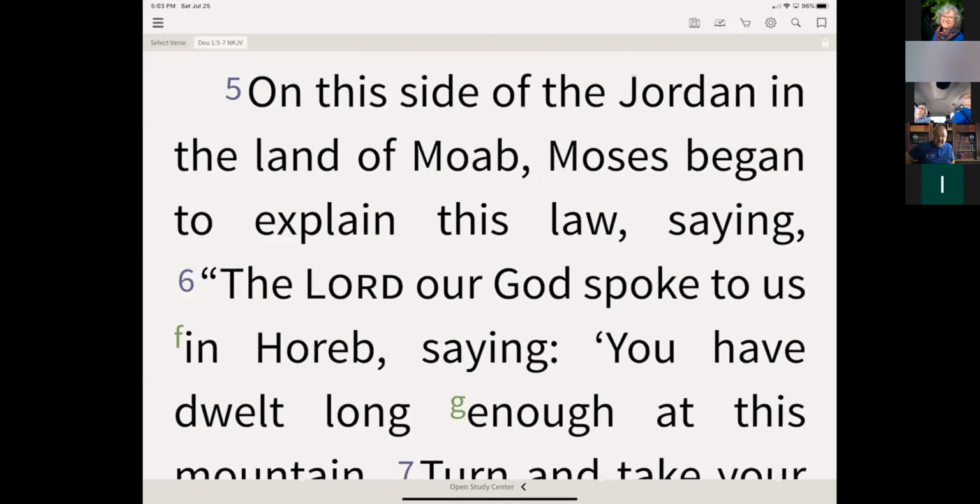Then you have the Levitical Code of Holiness, which is the entire book of Leviticus. And then you have the book of Numbers, where the legal section and the narrative section are intertwined.